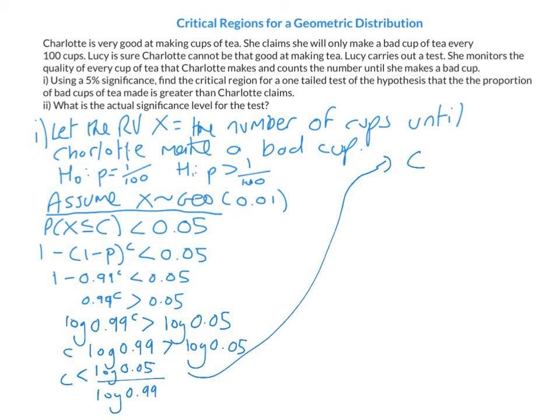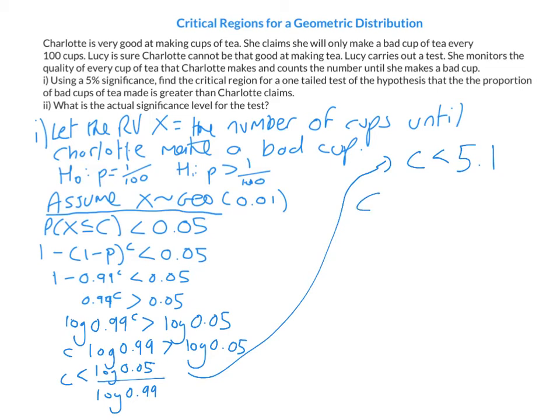So c is less than, put this into the calculator, out comes 5.1. That means the critical value has got to be less than 5.1. The critical value is a number of cups of tea made, so it's got to be an integer.